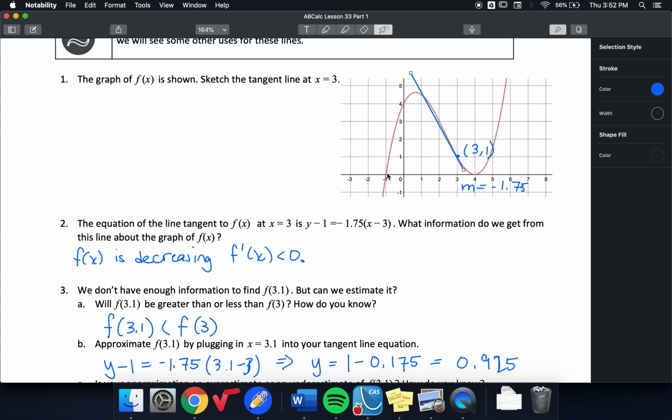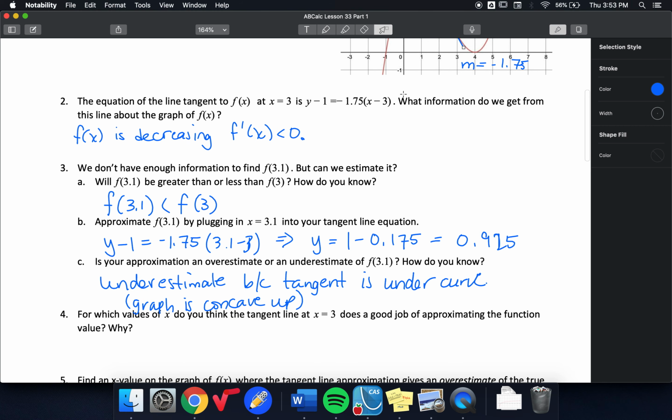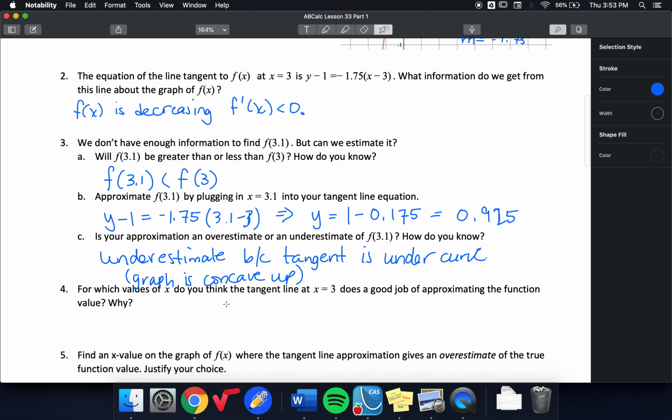If I wanted to evaluate when x is negative 1, using this tangent line would be terrible. I would be off by a whole lot. So I really only want to use values that are near 3.